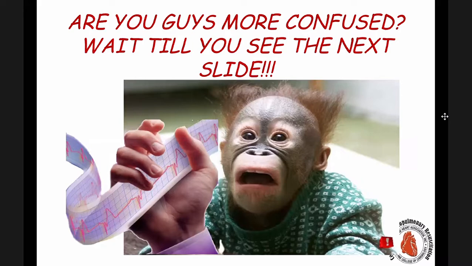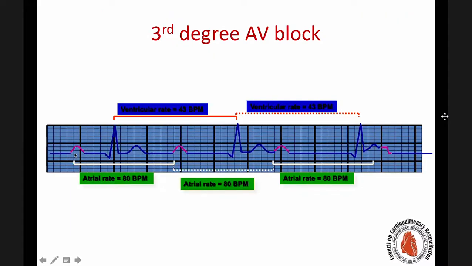So ang mangyayari lang is the P wave will be sending electrical impulse at a normal rate or at the same rate. So palagi siyang same to same yung P to P interval, in this particular example, is 80 beats per minute.